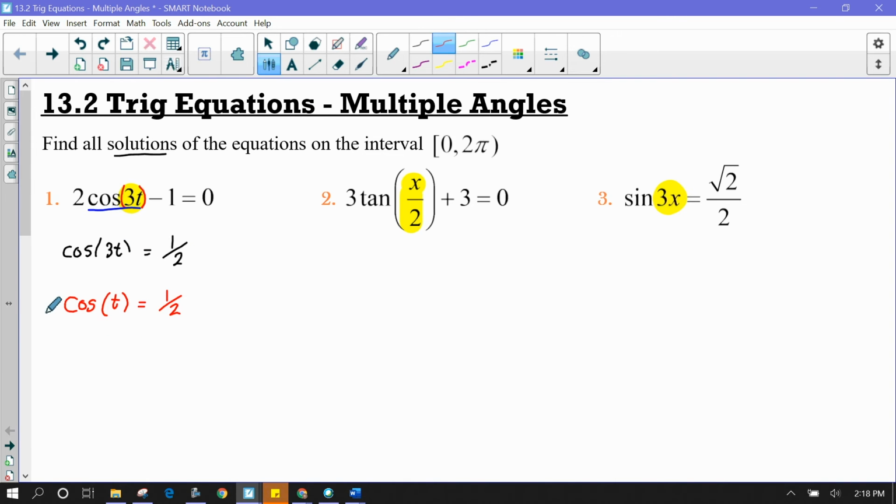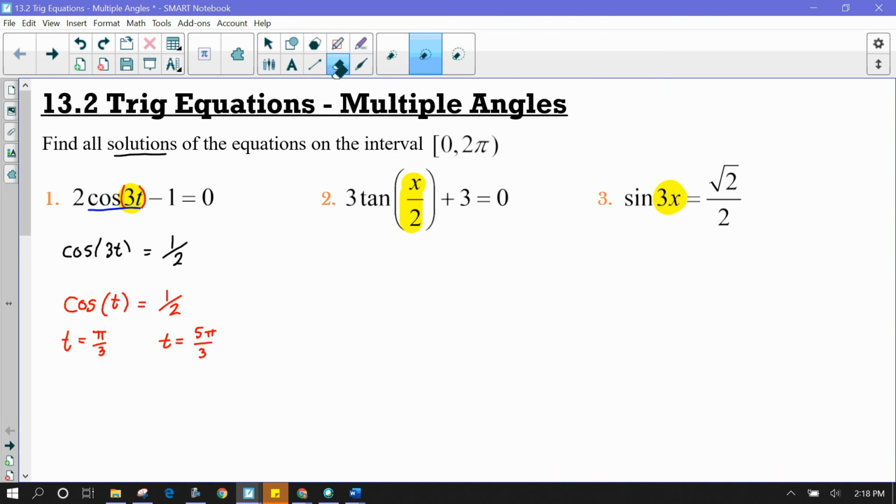So in the problems we were looking at in 13.1, I would say that my input needs to be pi over 3 or 5 pi over 3. So I can plug both of these in for t, and it will give me an output of 1/2.